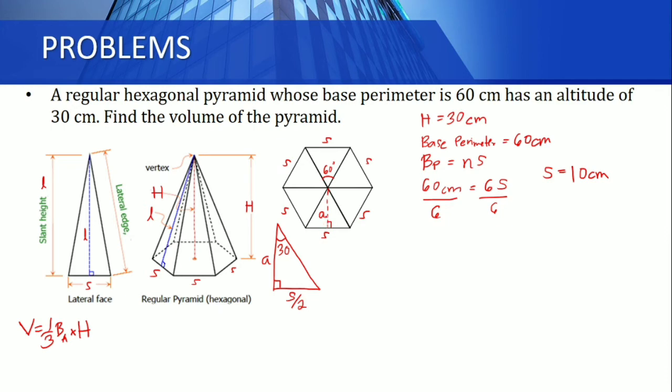Meron tayong apothem which is yung A, which is perpendicular sa side ng ating hexagon. Pag nilabas natin yung triangle, this will be 30 degrees. Right triangle siya, so pwede natin i-apply yung Pythagorean theorem or yung SOHCAHTOA. So tangent 30 degrees equal to opposite, that will be S over 2, over yung A natin.